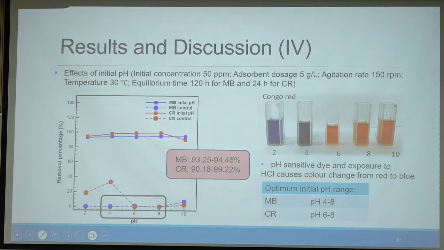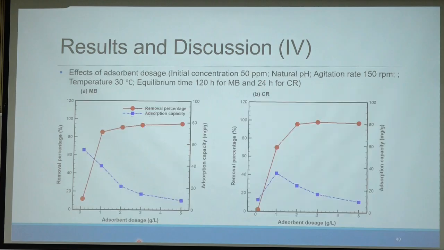The absorbent dosage is about 5 grams per liter, with an agitation rate of 150 rpm and a temperature of 30 degrees, which is room temperature, with an equilibrium time of 120 hours for methylene blue and 24 hours for Congo red. We found that the removal percentage for both dyes can easily reach more than 90%, no matter what the pH is.